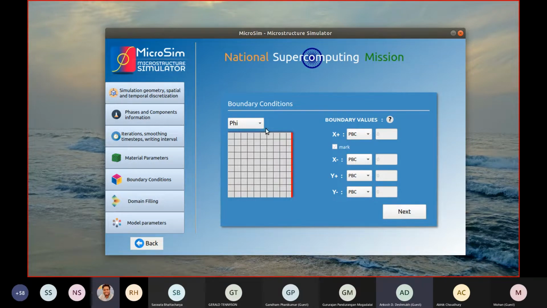For completion I'm going to give it the periodic boundary condition. There are certain steps which we cannot skip, so we have to give all the boundary conditions for all the systems, which will be taken care of in future releases.